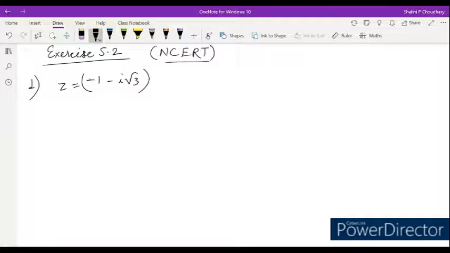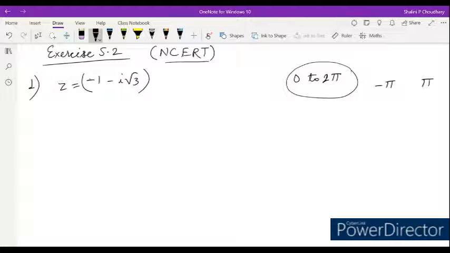First of all, you should know what is argument. When we are taking the angle, it should be 0 to 2 pi. Basically we are taking a range of 2 pi, but we can take the principal argument, that falls between minus pi to pi.